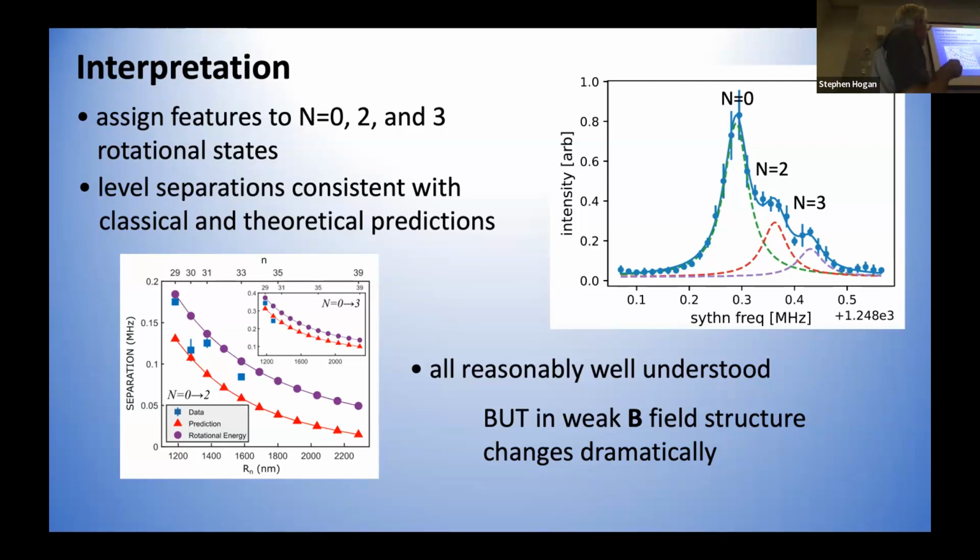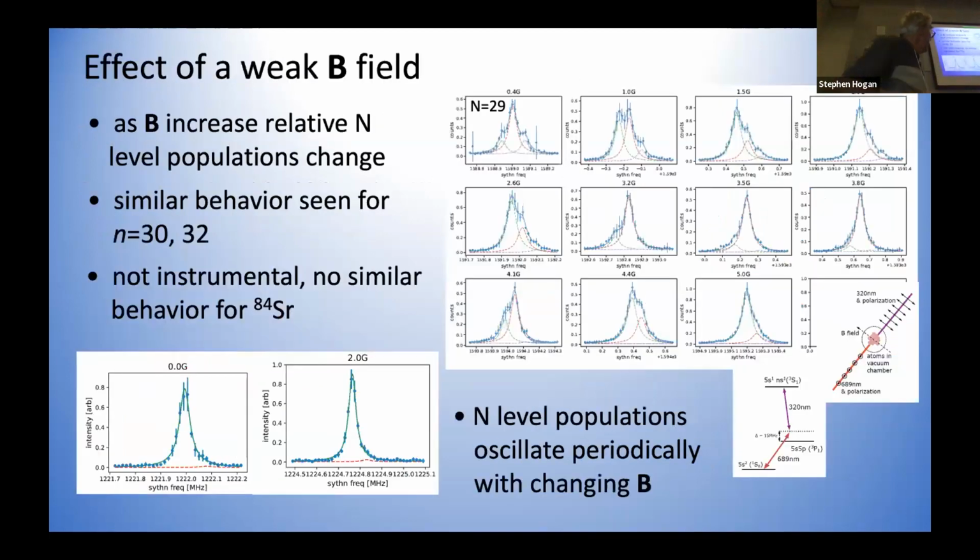Now, the interesting thing is this line shape looks very nice. But when we actually left in the magnetic field on one day, we discovered that the line shape is very sensitive to the presence of very small magnetic fields. And this is illustrated up here.